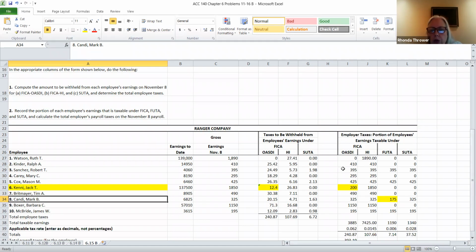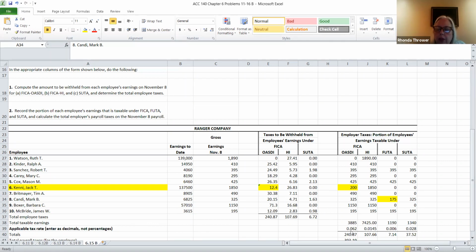All right, so once you get through calculating all of this, they have you add up the total employee taxes. These are the totals of this column. They also want you to add up the total taxable earnings for the employer. Remember, this is the employer share. And so we would add the total of this column to get this, the total of the HI column to get that, the total of FUTA to get $1,190, and the total of SUTA to get $1,340.